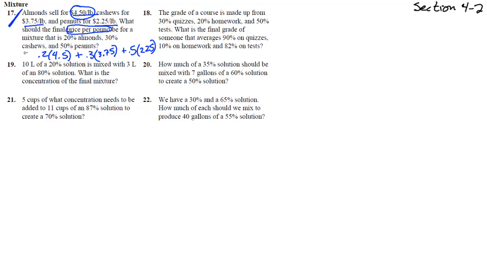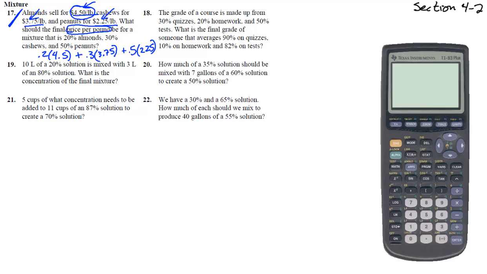And there's not actually any algebra here. This just tells us 20% that guy weighted, 30% that guy, and 50% that guy. And this is actually just like your grades, which we'll do over here in a moment. So let's plug this into our calculator and see what we get here.